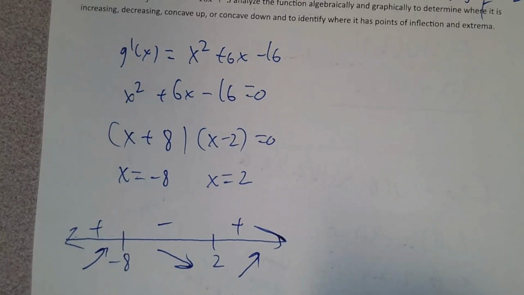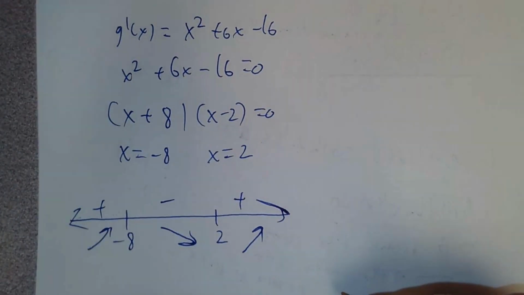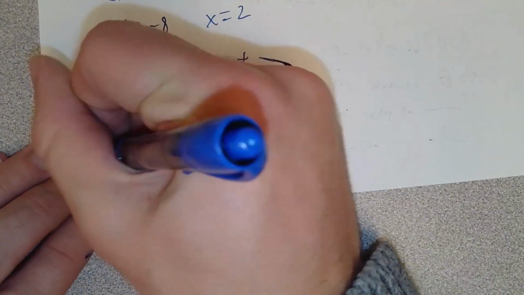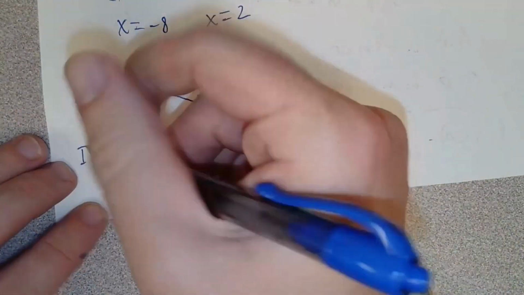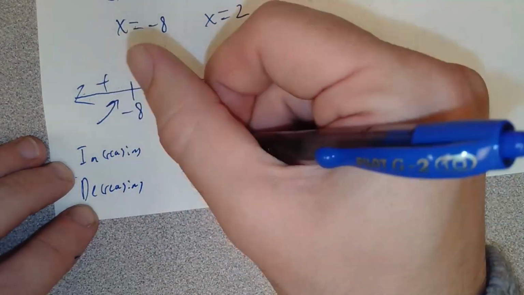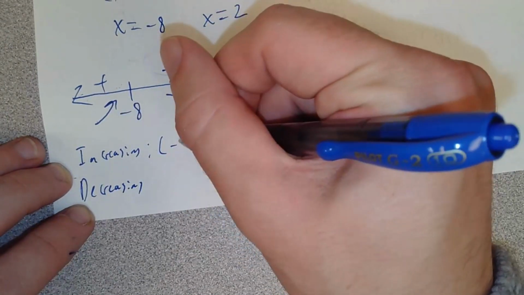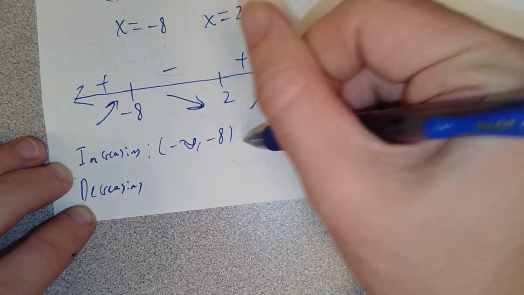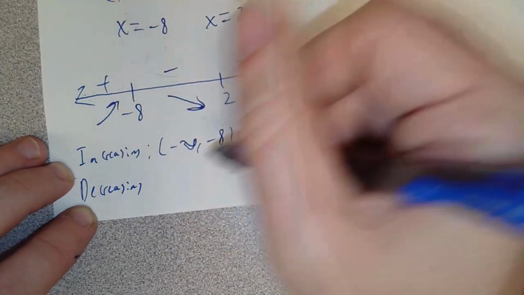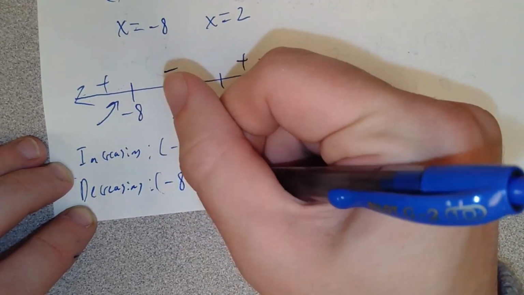Okay? So I can tell you right now, I can fill this in. We're increasing, and I can fill in where we're decreasing. So we're increasing from -infinity to -8 and 2 to infinity, and we're decreasing from -8 to 2.